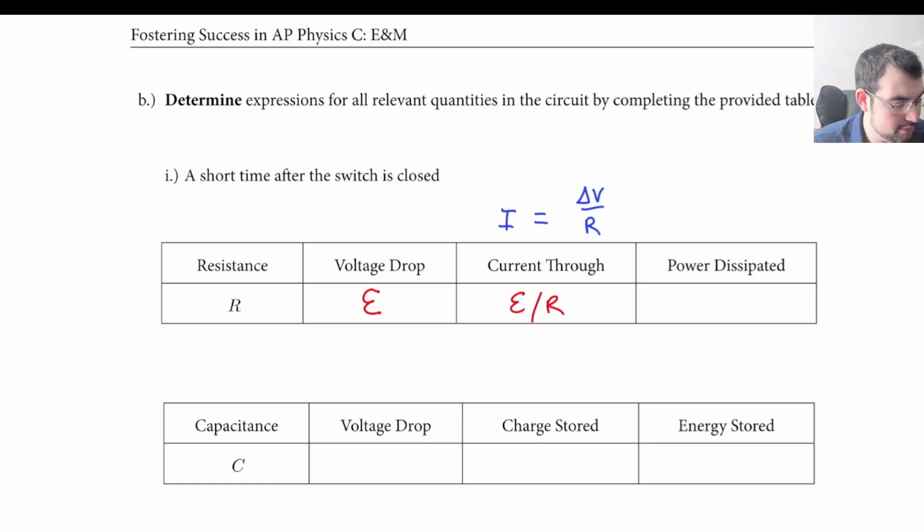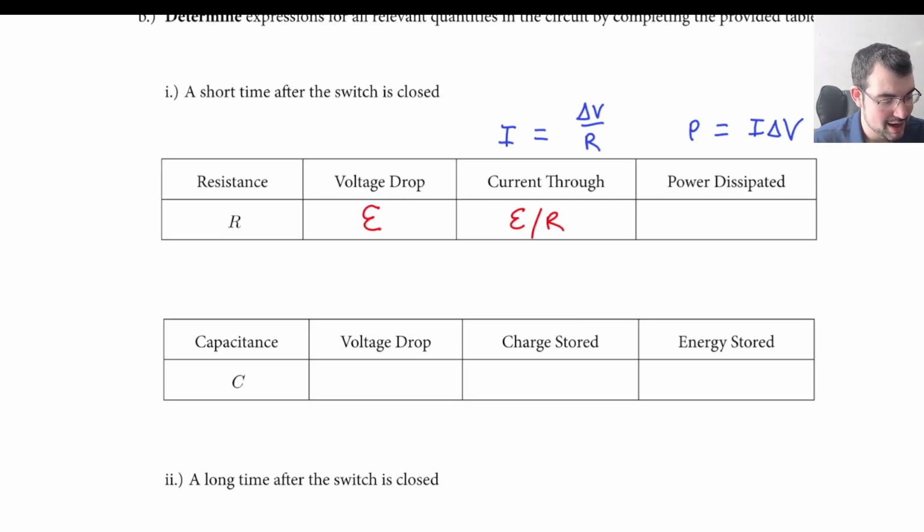And then for power, you can pick your favorite power formula. There's 3 of them. But here we actually just have the 2 quantities we'd need for the definition of power, I delta V. So if I multiply my I and delta V together, I just pick up an extra factor of the battery EMF.